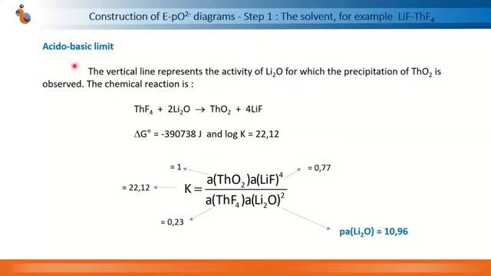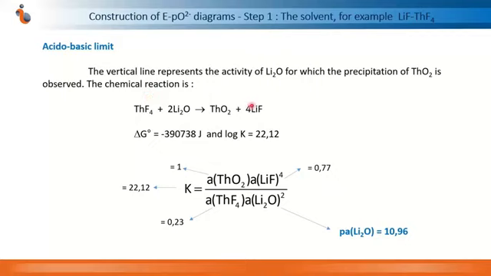We also have to determine the acido-basic limit. The vertical line represents the activity of lithium oxide for which we have the precipitation of thorium oxide. To determine this activity of lithium oxide, we have to write this equilibrium.